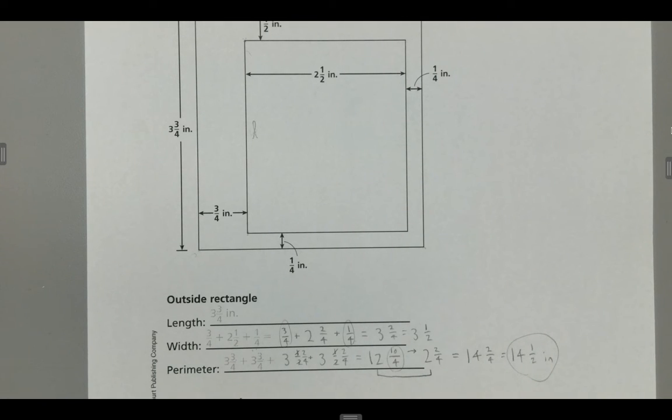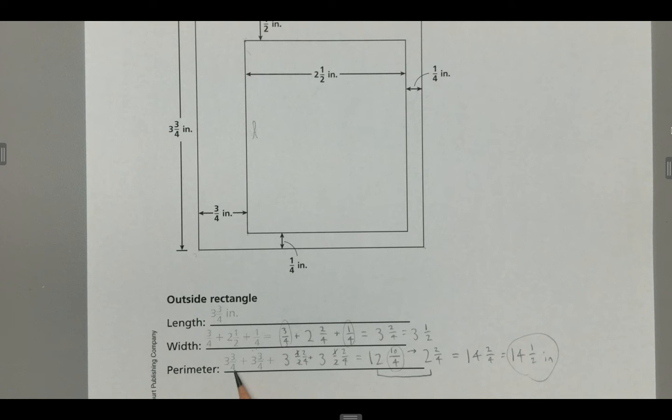Now, let's add it all up to find the perimeter of the outside rectangle. 3 3/4 plus 3 3/4 plus 3.5 plus 3.5. Well, I use the 4 again as the common denominator and express 3.5 in both these cases as 3 2/4. Added up my whole numbers first. 3, 3, 3, 3 got me 12.